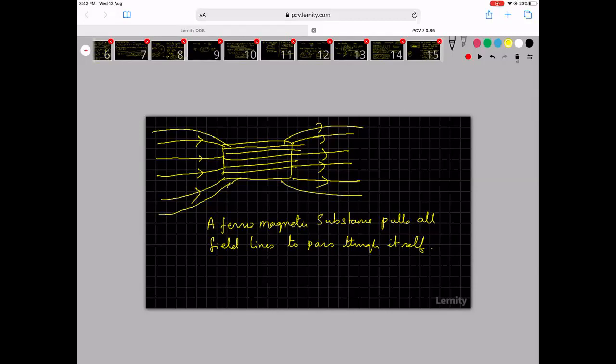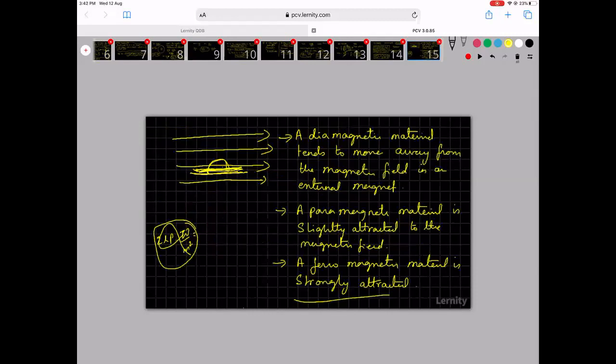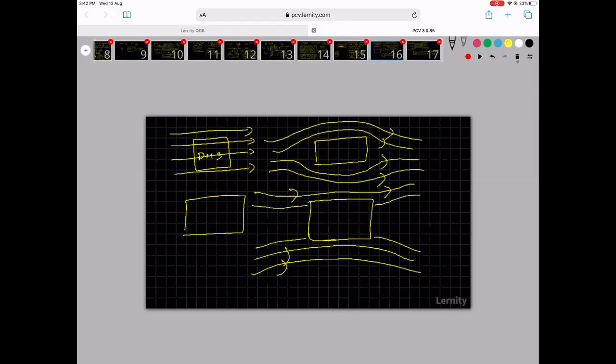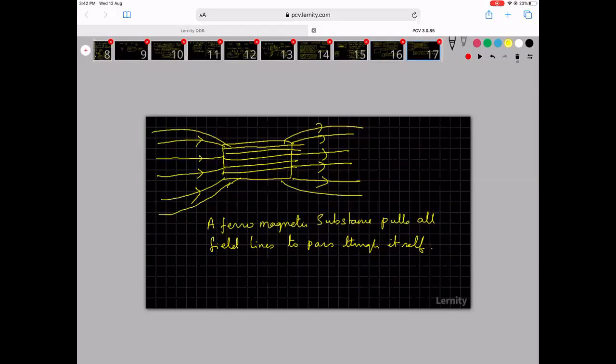If there is any magnetic field and if there is a ferromagnetic material, the field lines would want to go through the ferromagnetic substance. While a diamagnetic substance repels, a paramagnetic substance weakly attracts, but a ferromagnetic substance strongly attracts all field lines towards itself. This is the next difference between the three.